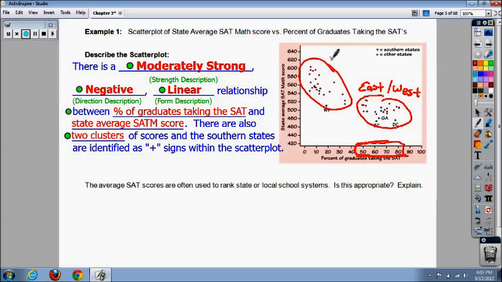It makes these states look really, really good, and it makes these states look really, really bad. Okay, so again, it's not very appropriate because different states require the SAT in some of their colleges that are in those states, and some states require the ACT instead.